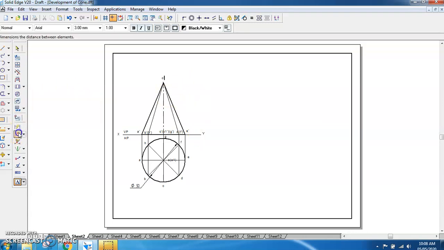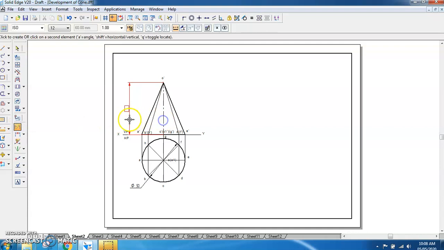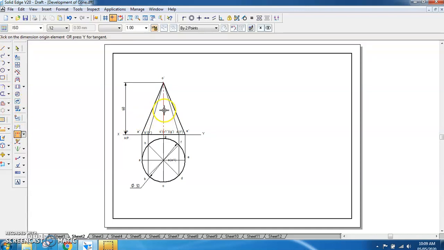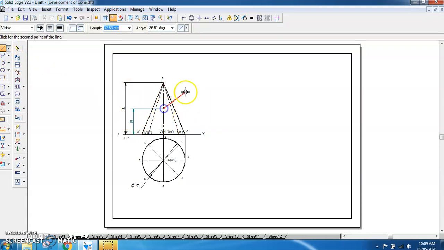So axis length we know it, that is given, that is 60. Then the axis is cut at a distance of 30, so you can go for that from the midpoint to this line, it is 30, and now you are getting a plane from this point having an angle of 35 degrees with respect to horizontal.